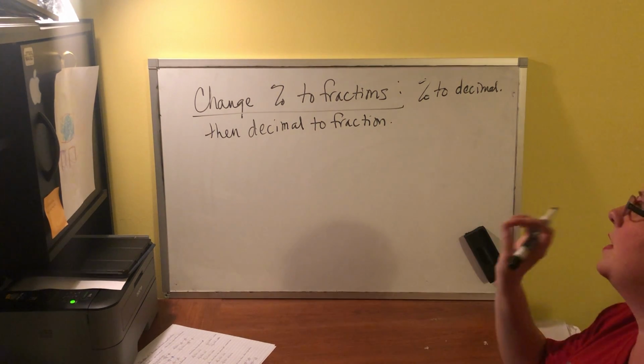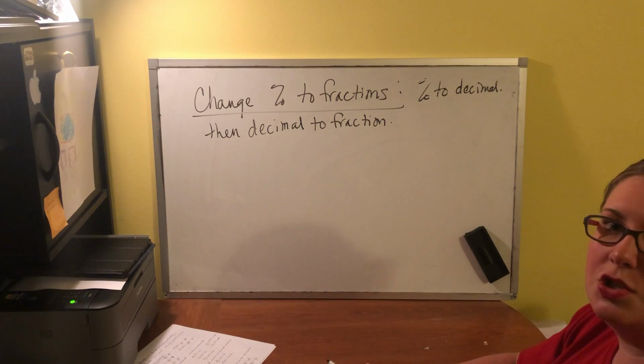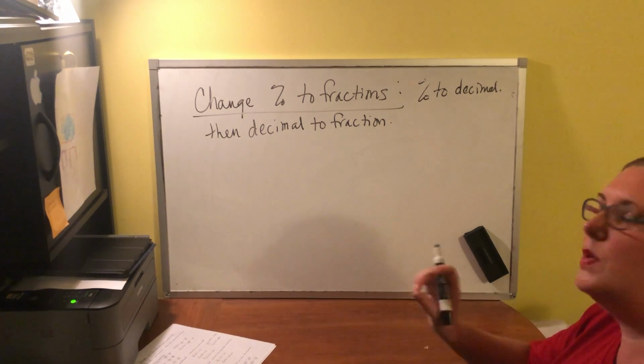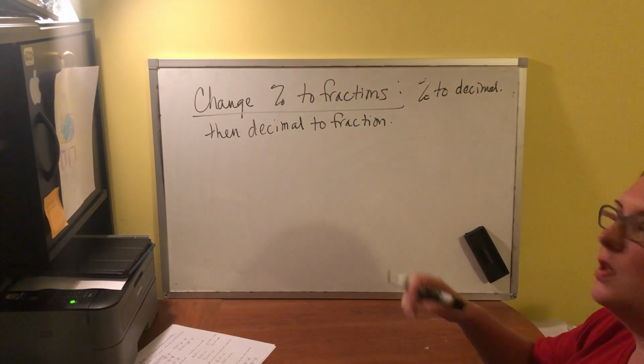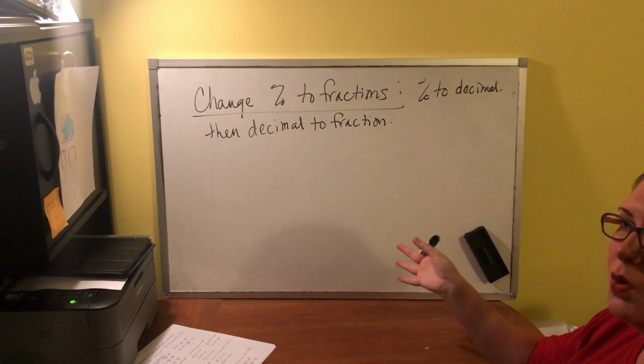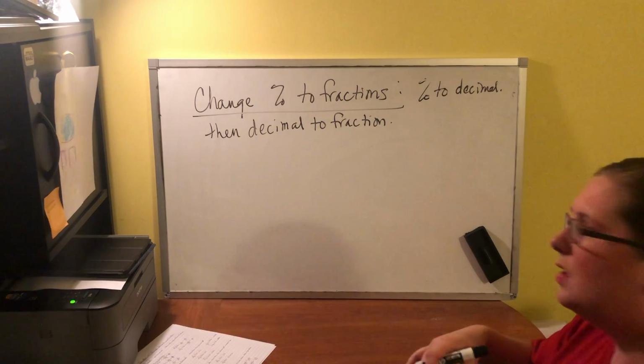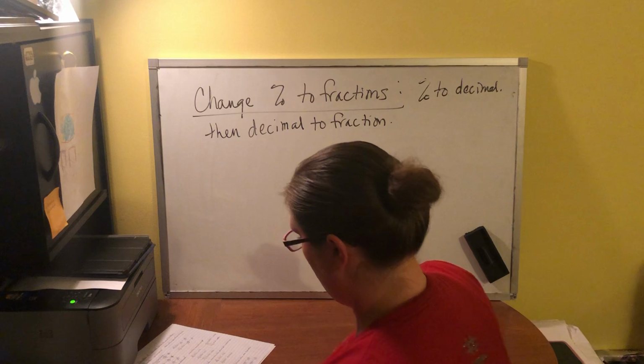So when changing a percent to a fraction, you're going to take the percentage and change it to a decimal. Once we have it in decimal form, we can write it as a fraction. So we've done this before, right, in other sections, okay? So let's go ahead and do some examples.